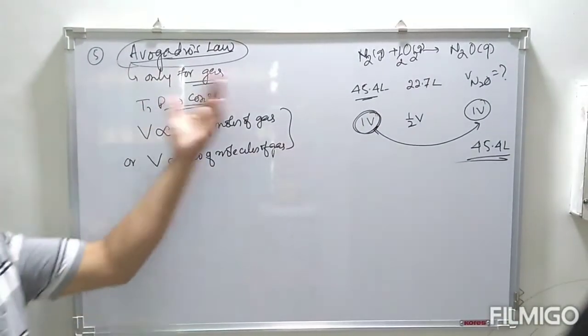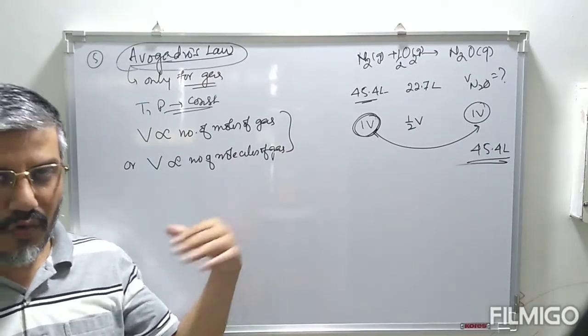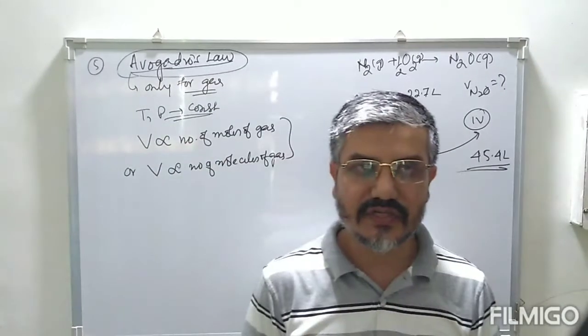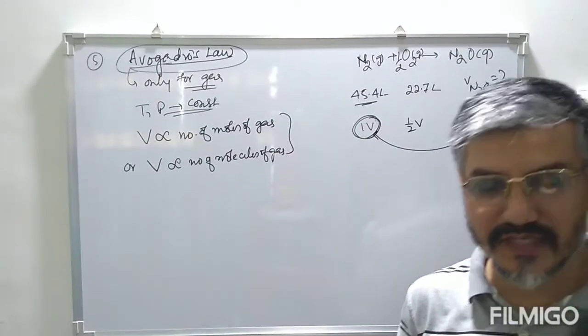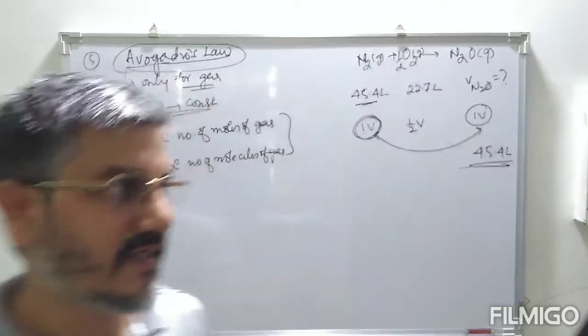So another modified form of Avogadro's law is: equal volumes of all gases under identical conditions of temperature and pressure contain an equal number of moles or an equal number of molecules of gas.